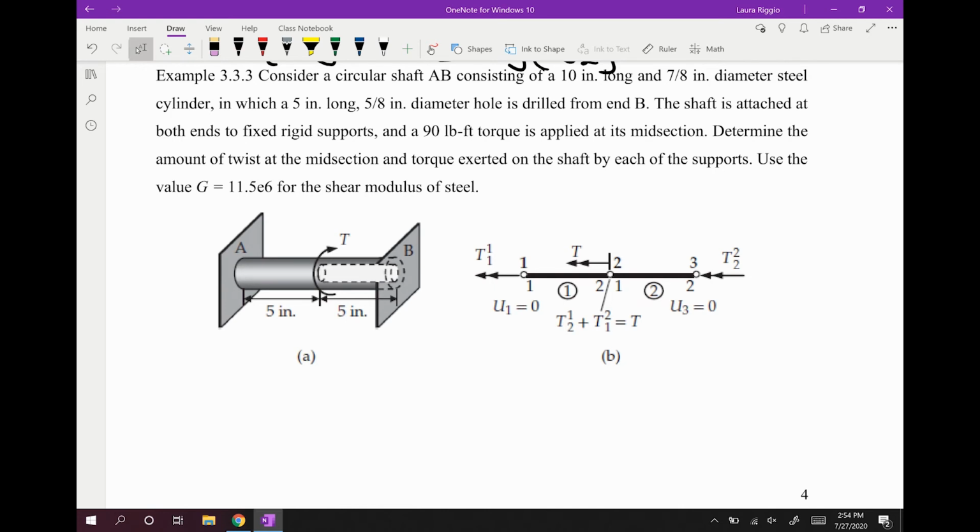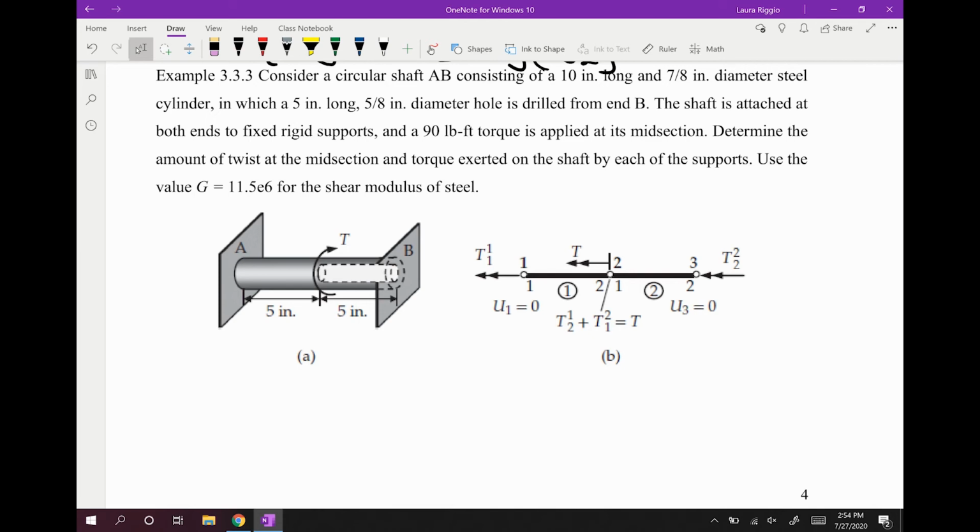We have a circular shaft consisting of a 10-inch long, 7/8 inch diameter steel cylinder, which has a 5-inch long, 5/8 inch diameter hole drilled in from end to B. The shaft is attached at both ends to fixed rigid supports, and a 90 foot-pound torque is applied at its midsection. We want to determine the amount of twist at the midsection and the torque exerted on the shaft by each of the components. We're given the modulus as 11.5 times 10 to the 6th.